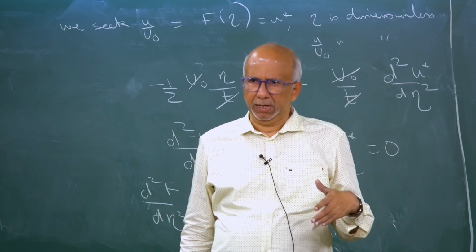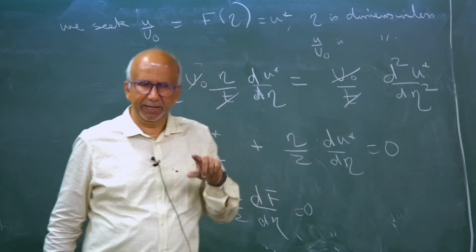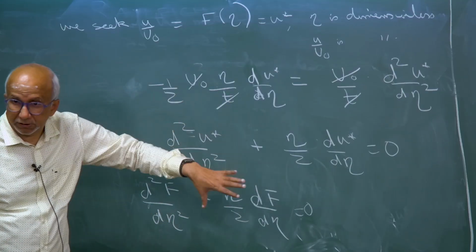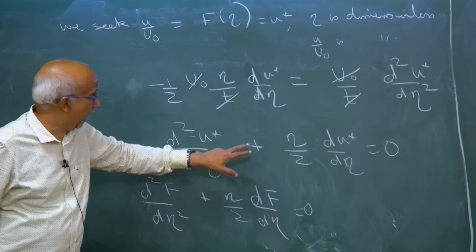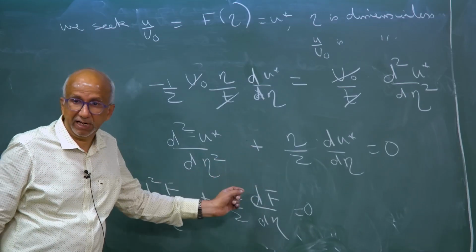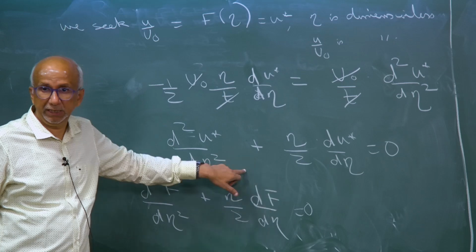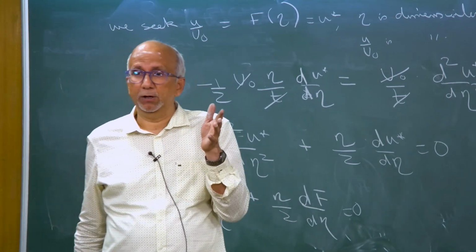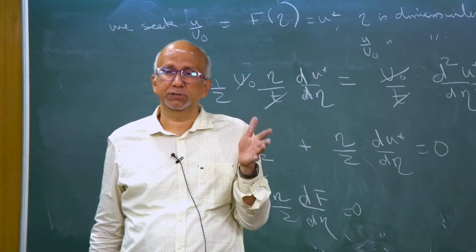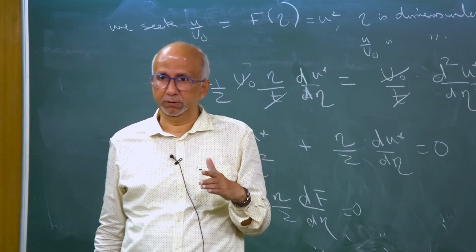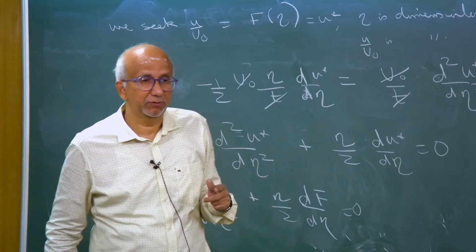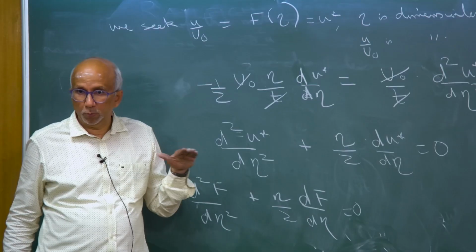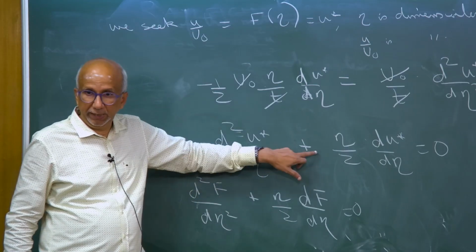Then we proceeded, and at the end of the day I have an equation which only contains eta. Supposing after doing all this I have an extra y or an extra t in this equation, what does that mean? It means I cannot use similarity transform to convert it to an ODE, because then this will depend upon eta and t. This equation is independent of y and t, it has only eta.